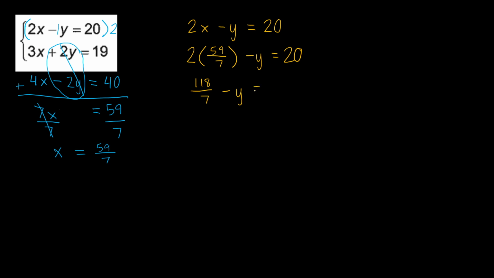And then just to make things a little easier for me here, I'm going to multiply the top and bottom of this by 7 over 7, just to make it easier to add and subtract here. So I've got 140 over 7 on this side. Now to cancel this out, I'm going to subtract 118 over 7 from both sides.